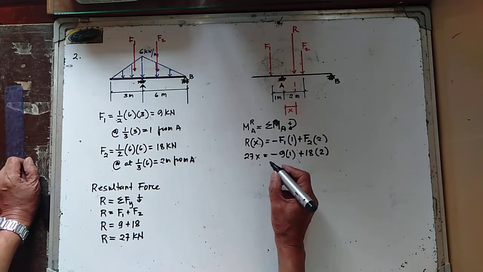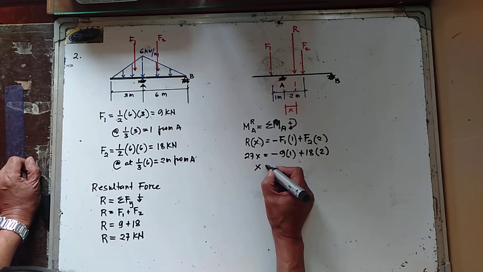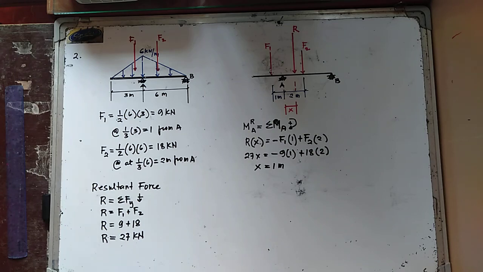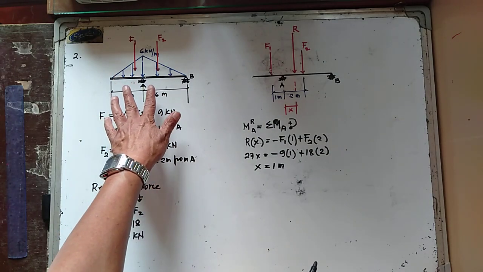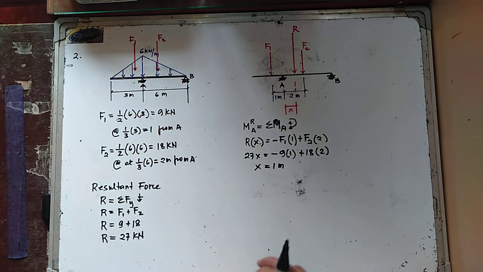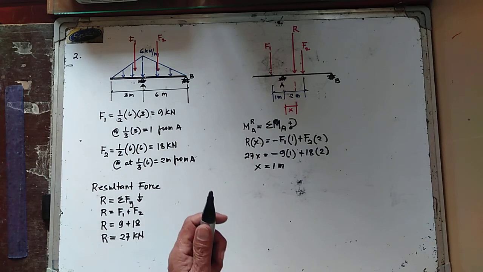So that the value of x in here is now equal to 1 meter. So the location of the resultant of this distributed loading is 1 meter from point A.